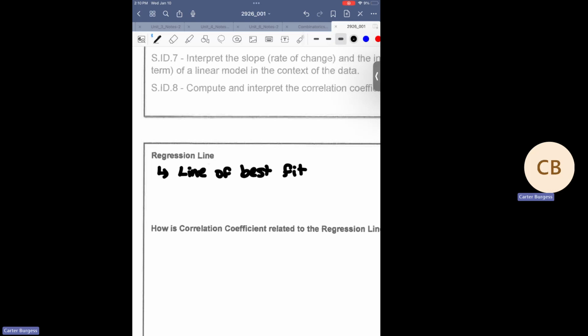It is also not the line that perfectly fits all of our data. It's not a curve where we try to connect the dots. The line of best fit is going to be the line that minimizes the distance from our data to that line. Or, in layman's terms, that gets as close to as much of the data as it possibly can.